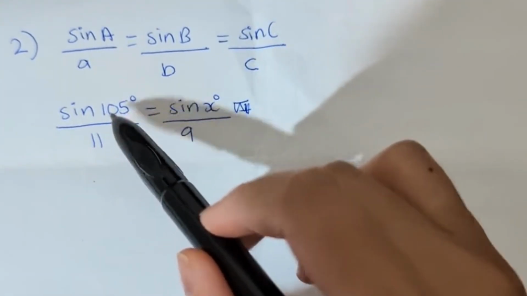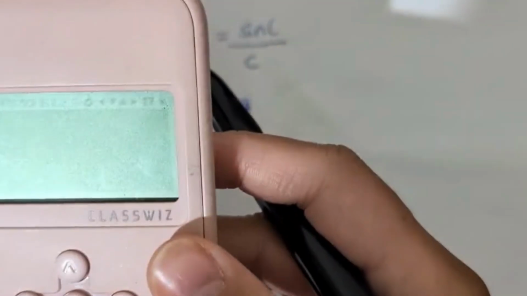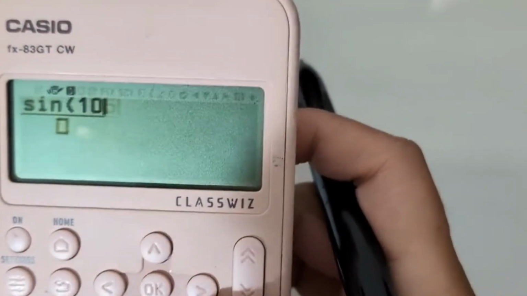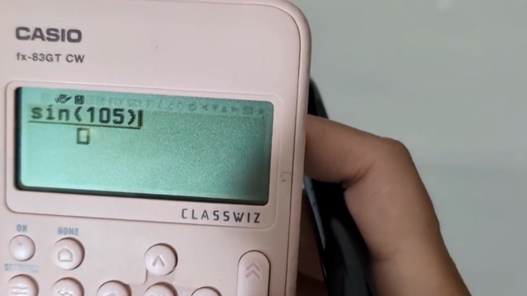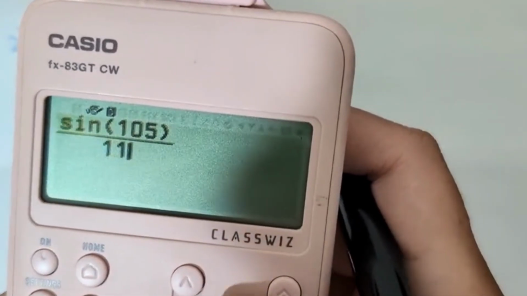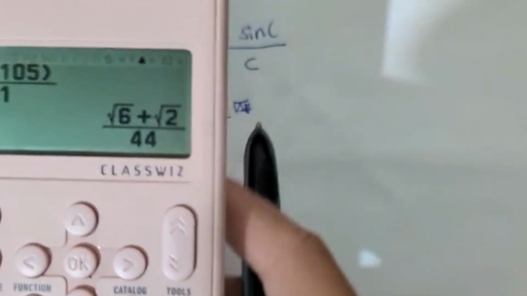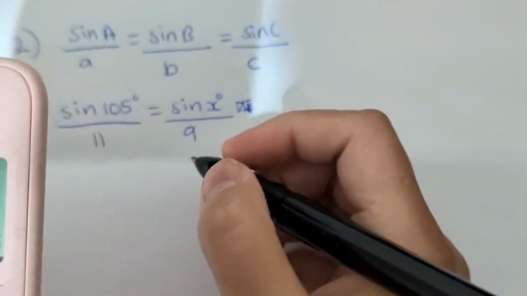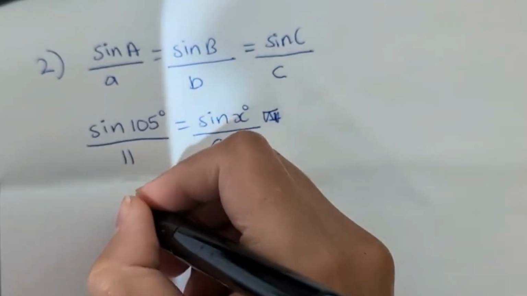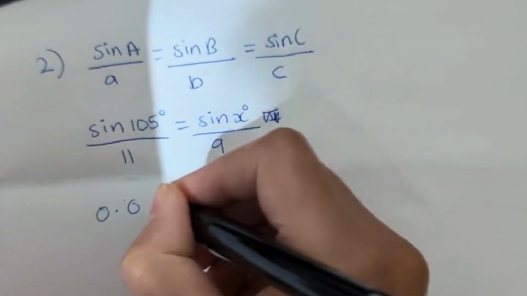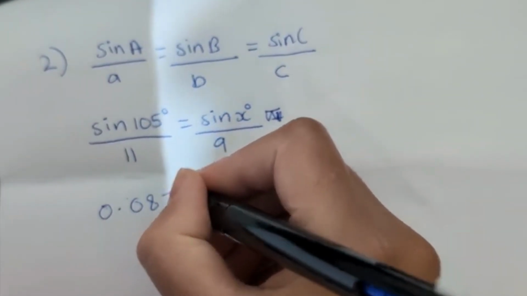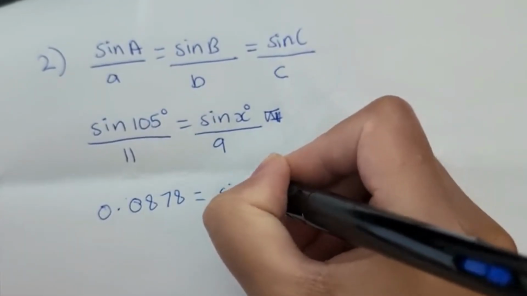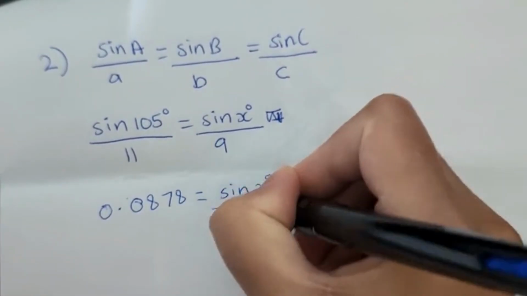So what we're going to do is sine 105 degrees over 11. So I'm just going to put that down in my calculator. Sine 105 degrees over 11, okay, and I get this, so I'm just going to do the format button, decimal, so it's going to be 0.0878 whatever, so I'm just going to write down 0.0878 for now, okay, is equal to sine x degrees over 9.